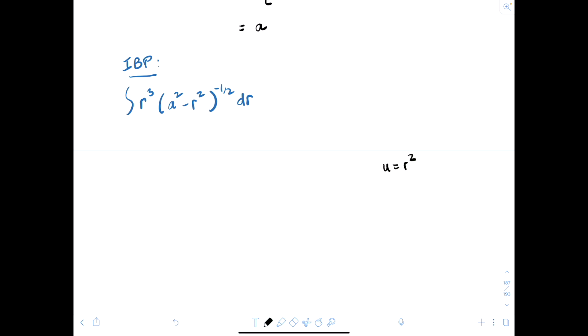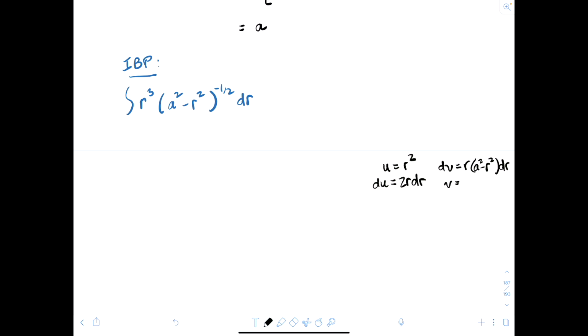So u is equal to r squared. du will be 2r dr. dv is going to equal r times a squared minus r squared to the negative 1/2 dr. And so v will just be, we've done a similar one up there, is just going to be what? Good.